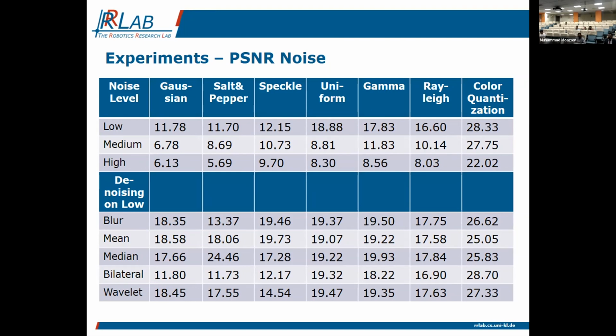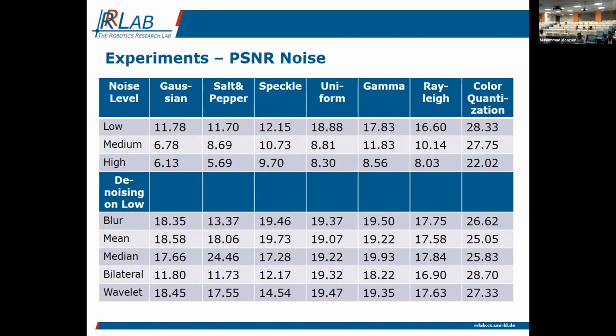Oh no, excuse me. This is the signal to noise ratio. I'm ahead of myself. So excuse me, I take that back. So we have here the signal to noise ratio, and here we have a comparison of the denoising techniques that we have used. And the higher the signal to noise ratio is, the better.